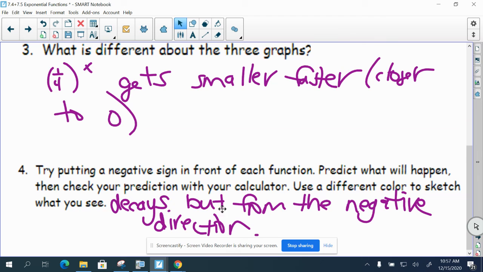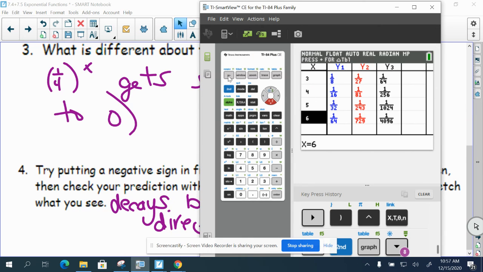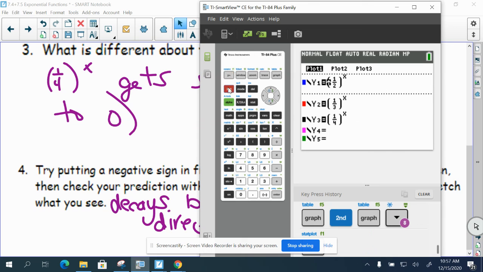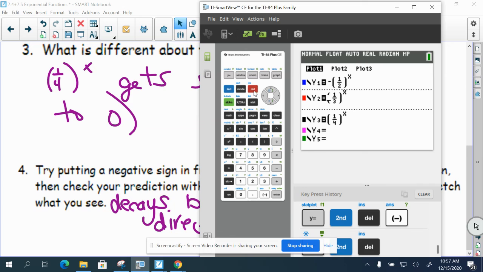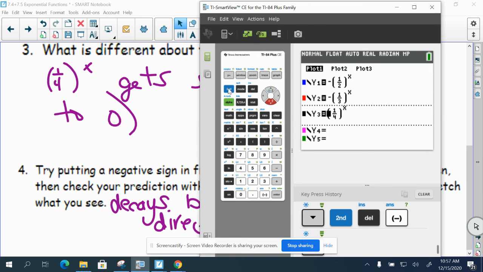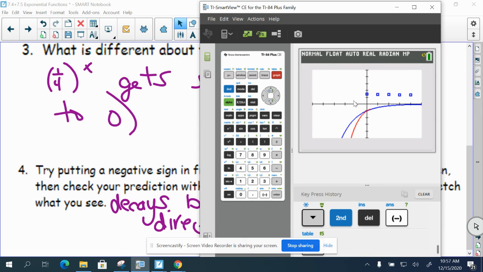So let me show you what that looks like real quick. Notice I said it decays because it still gets closer to 0, but from the negative direction. So it starts over here and then gets closer to 0.